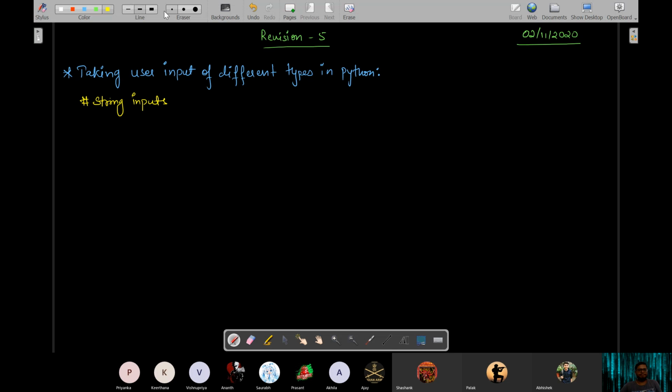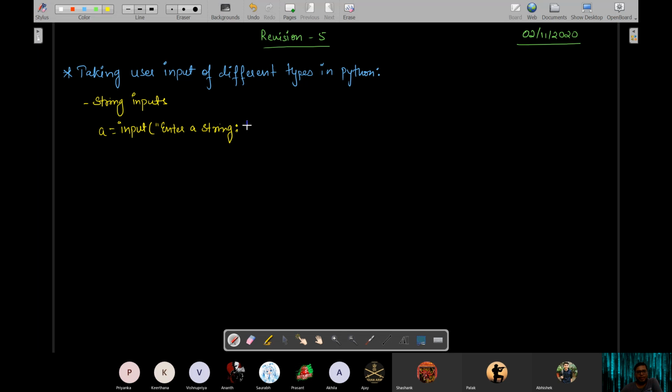Just write input. Correct. So for taking string inputs in a variable in Python, we can write a is equals to input, and then you can optionally also give a prompt. Enter a string. String can be any English word or a sentence.